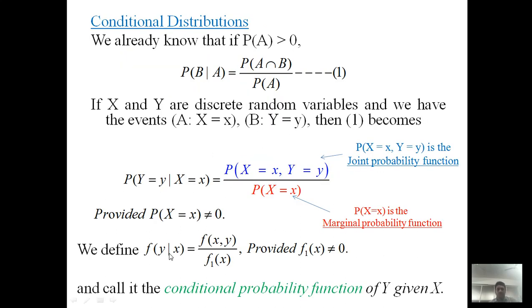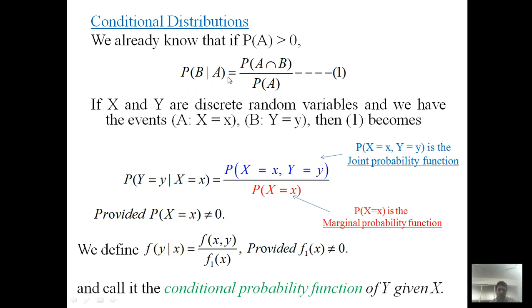Next, the conditional probability function, simply known as the conditional distribution. In the one-dimensional case, we see that the probability of the event is greater than 0.